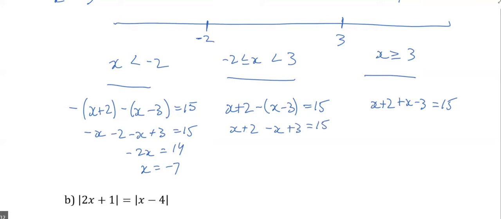And then 2 plus 3 is 5. Subtracting 5 equals 10. So 0 equals 10, which is never true, obviously. X plus x is 2x. 2 minus 3 is -1, so I'm adding 1. So I've got 16, and x equals 8.